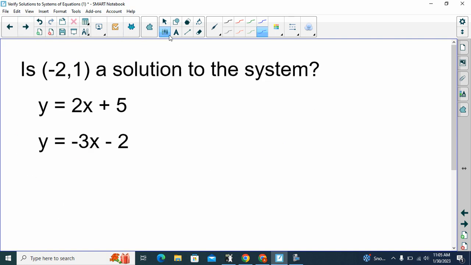Example 2. Is (-2, 1) a solution to the system y equals 2x plus 5 and y equals negative 3x minus 2? Is negative 2, 1 a solution to the given system of equations?